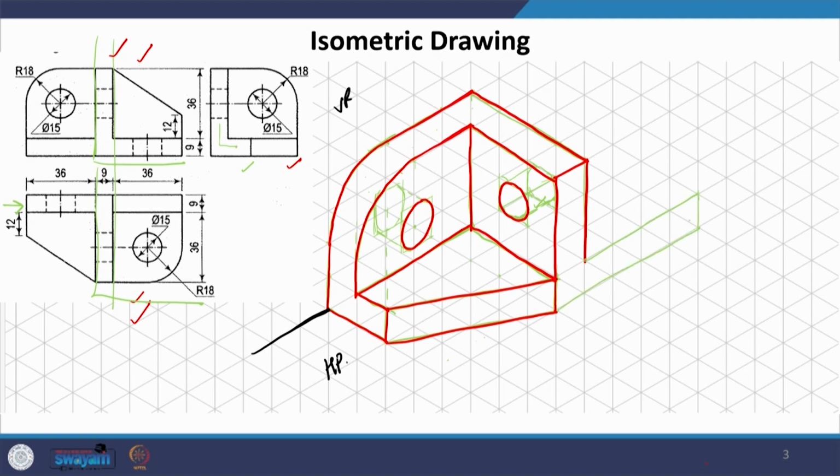This is what you see here, and then we have two dotted lines here. In the front elevation, we can also see that there is an inclined line like this. This we have already taken care of, this is what we have to take care of now. So, this is what we will see in the elevation. I have just drawn it here, we can take it at any level.